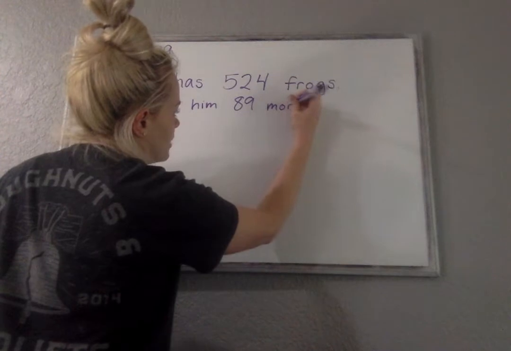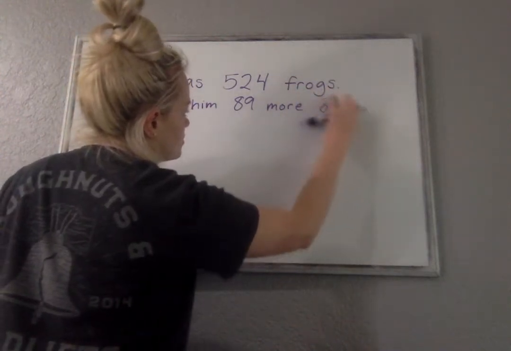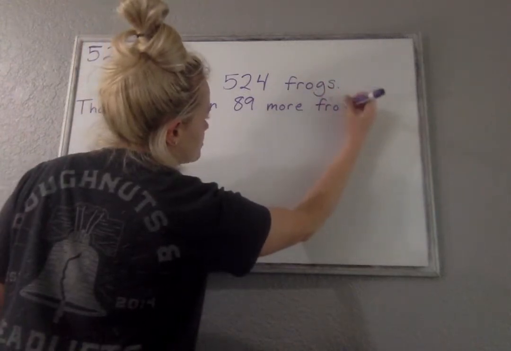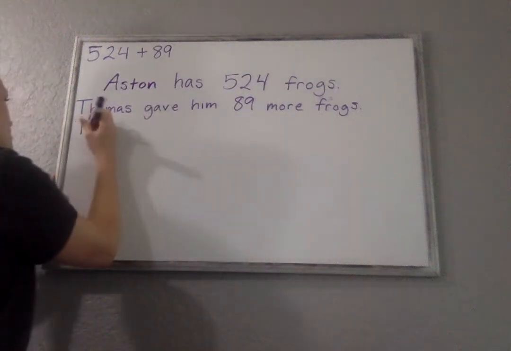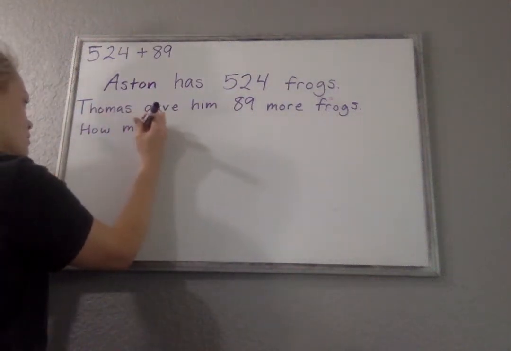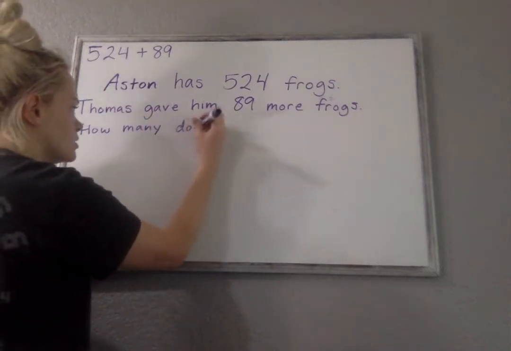I also don't know why Thomas would have 89 frogs, but we're going to go with it. How many does Aston have now?